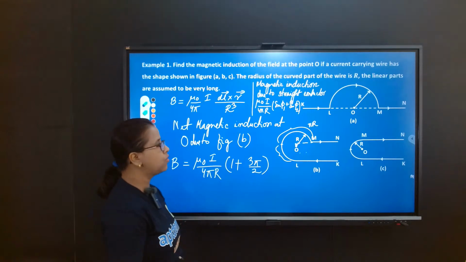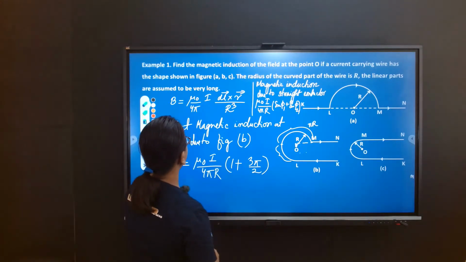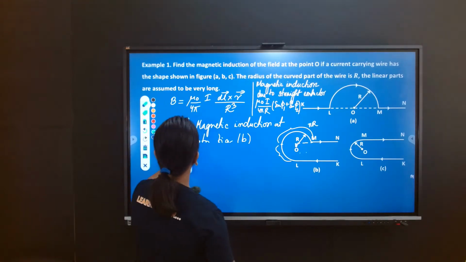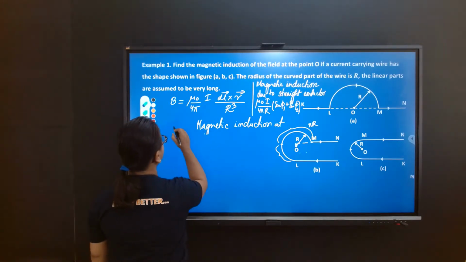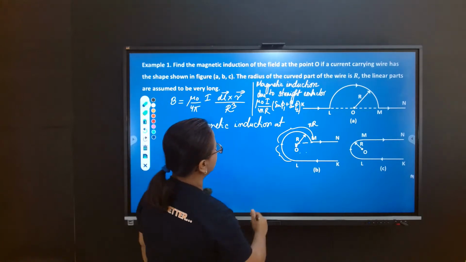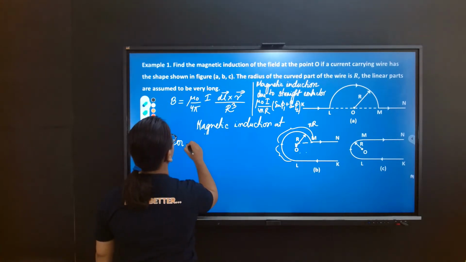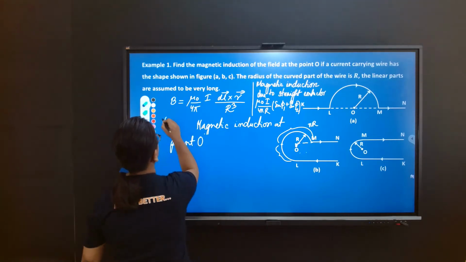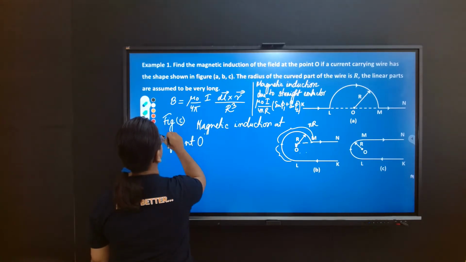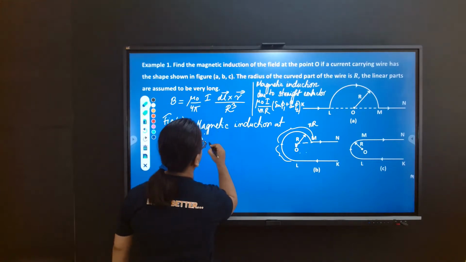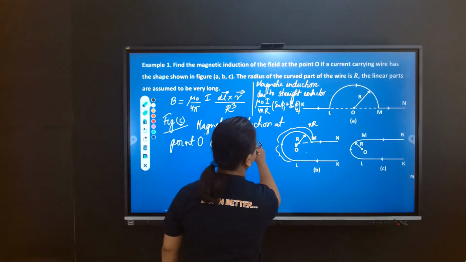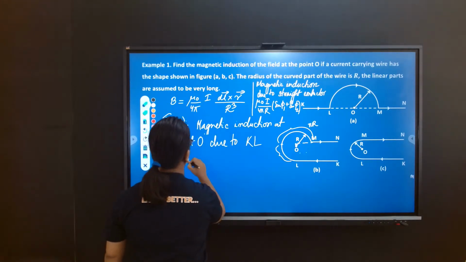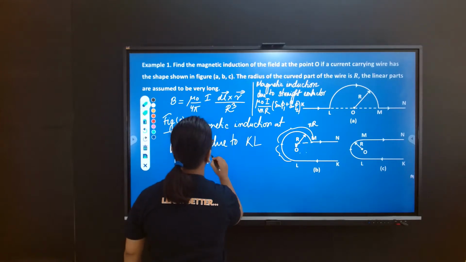Now, switching over to the figure C, let's have a look at that. Magnetic induction at the point O, we are doing this for the figure C, due to KL and MN.